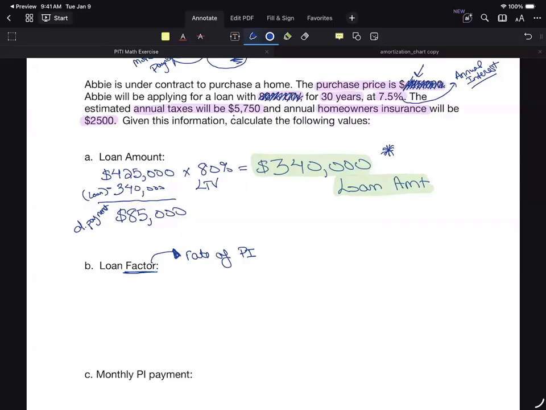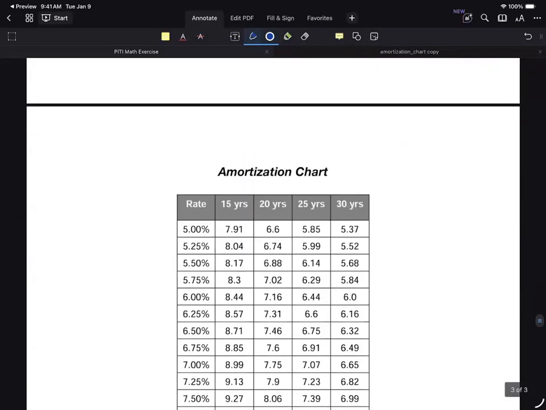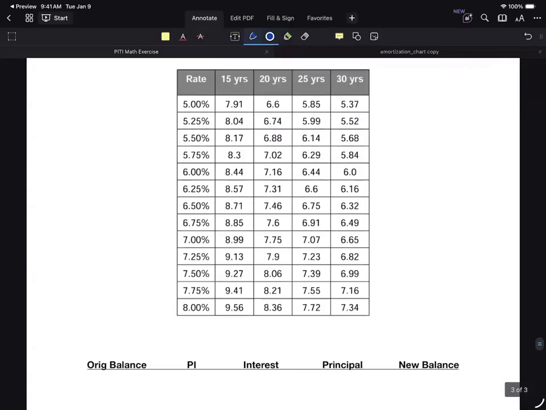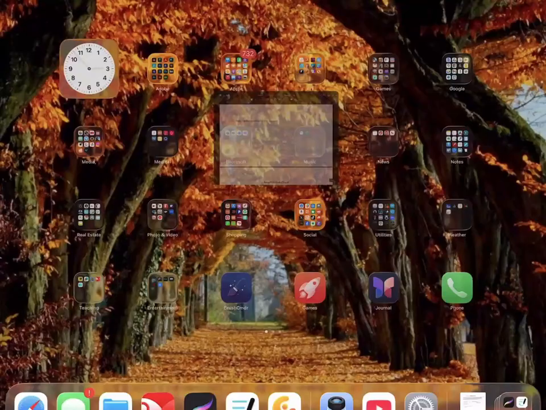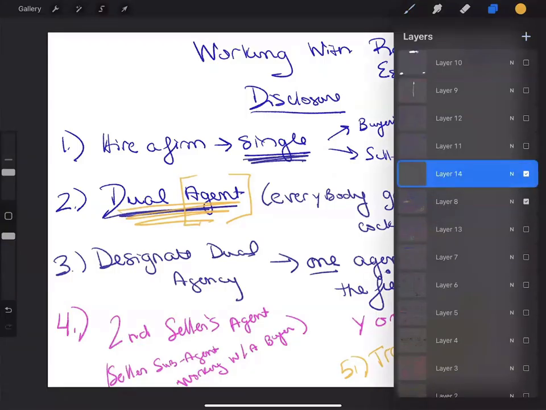This problem gave you taxes. But if it hadn't given you taxes, they could have given you the rate and asked you to find them.